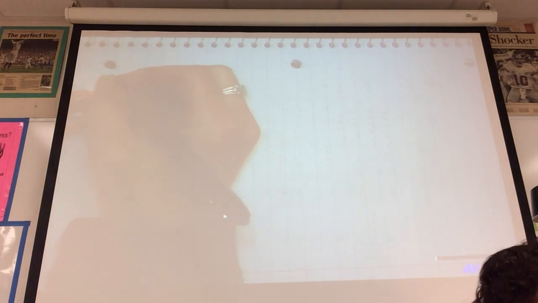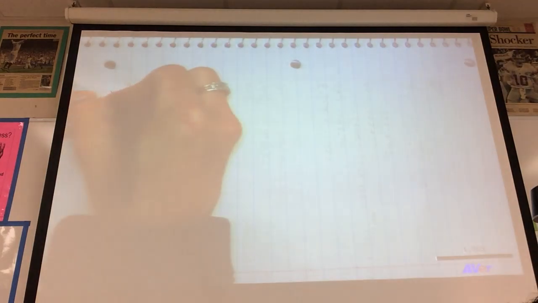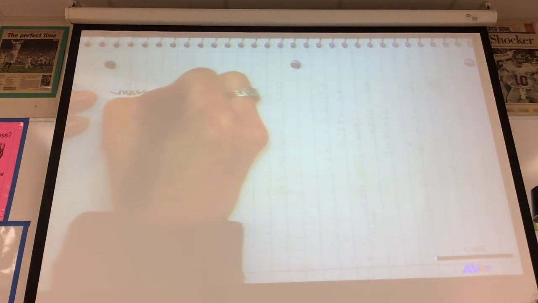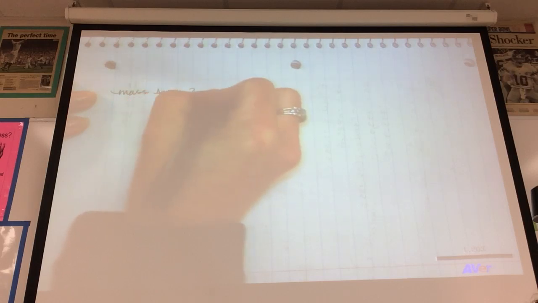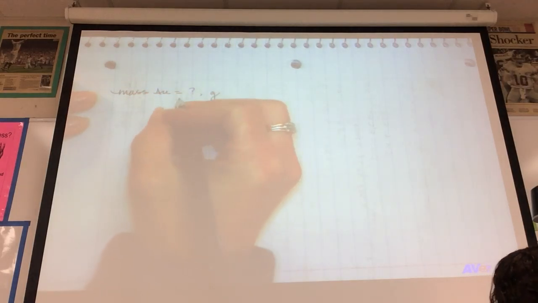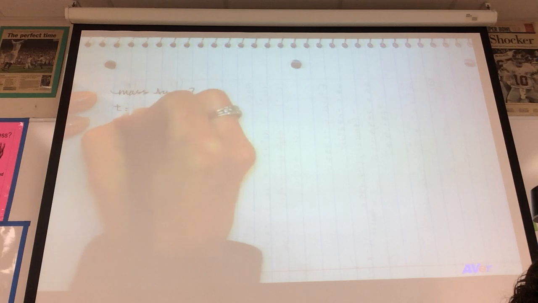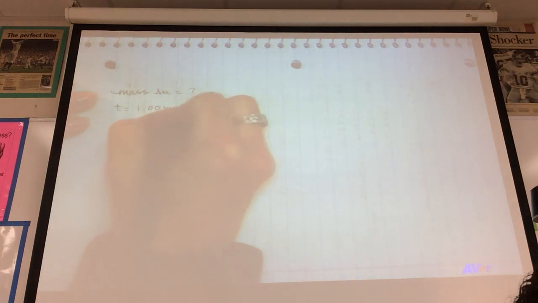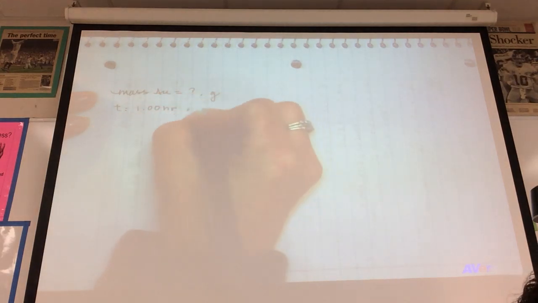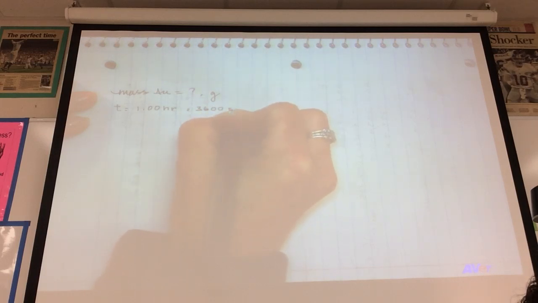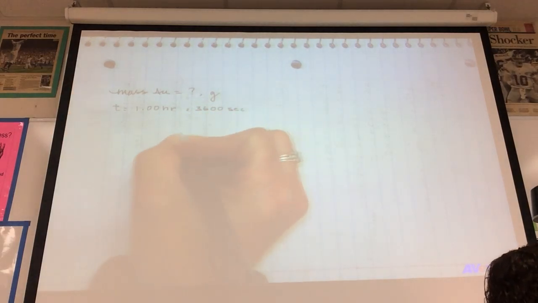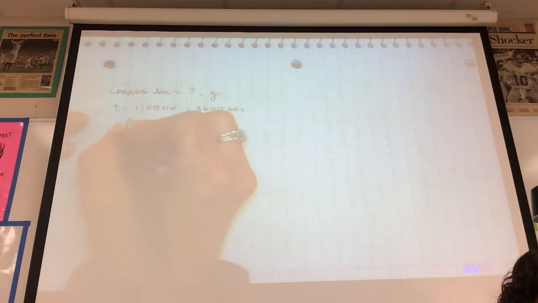I've turned my page sideways because it is a stoich chain, and it'll be easier to read in this regard. So in this problem, we want to know the mass of gold, and that's in grams. The time is 1 hour, and so that's going to be 3,600 seconds. We'll worry about sig figs at the end. It looks like we need 3.